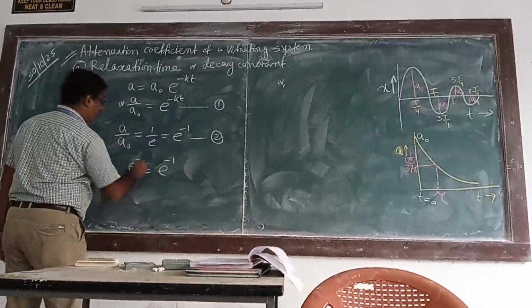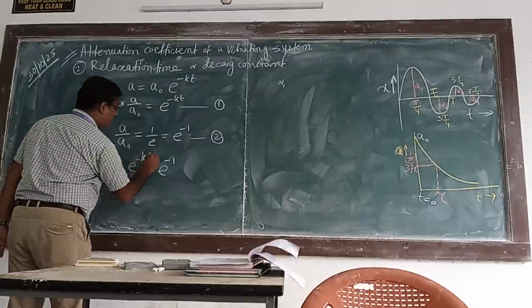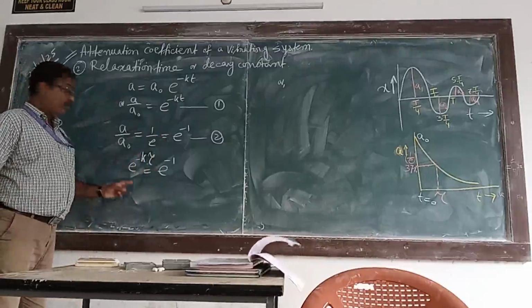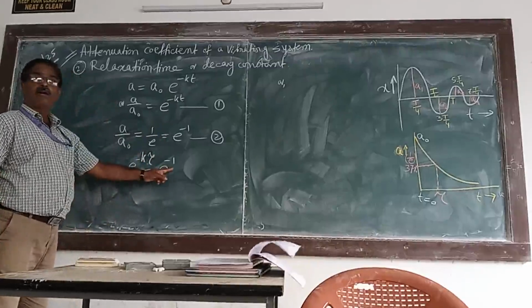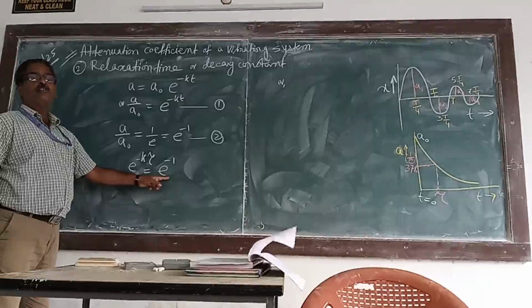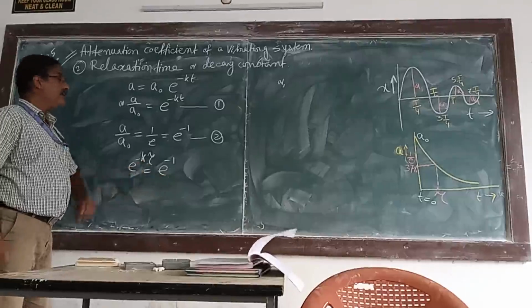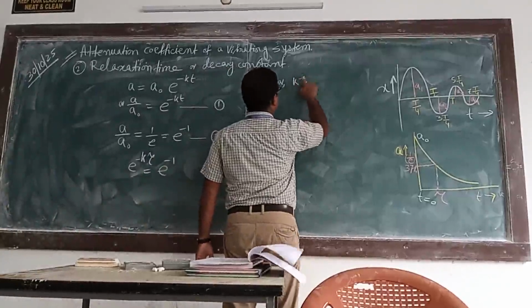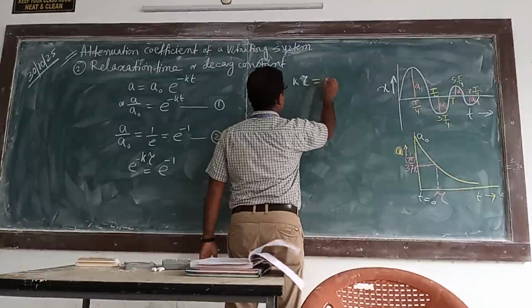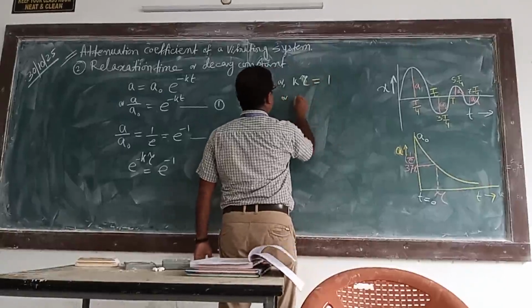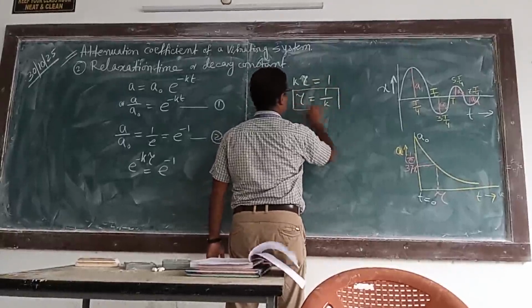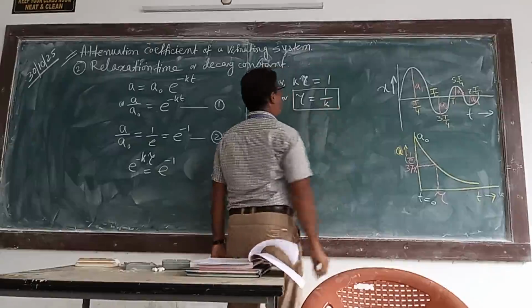Now we write minus k tau, instead of t we write tau, because it is now the time at which the amplitude becomes 1 by e. So k into tau equals to 1, or tau equals to 1 by k.